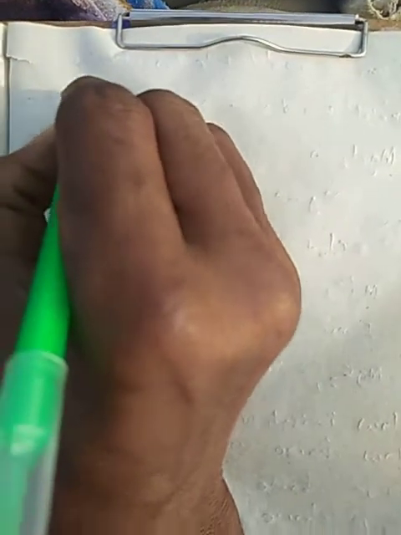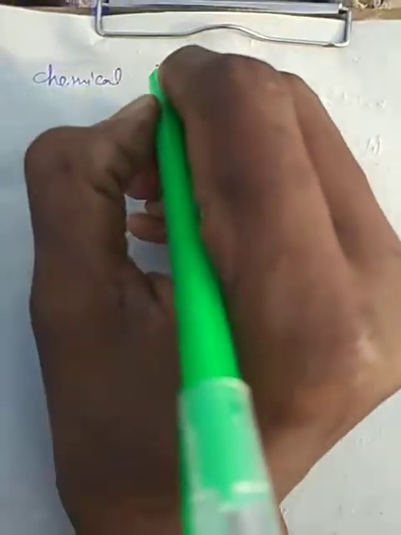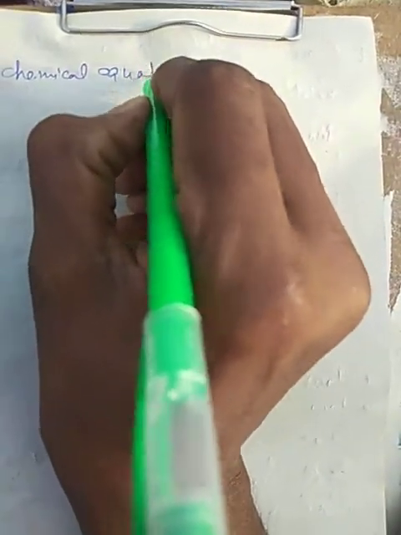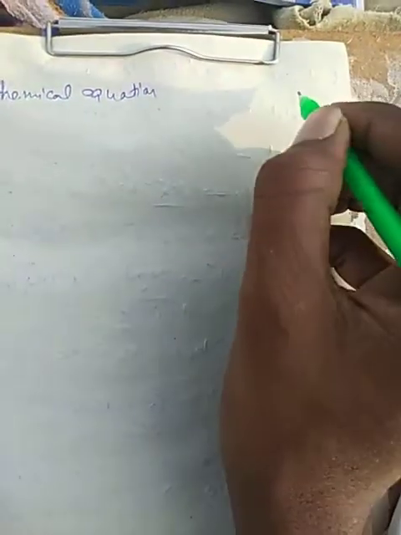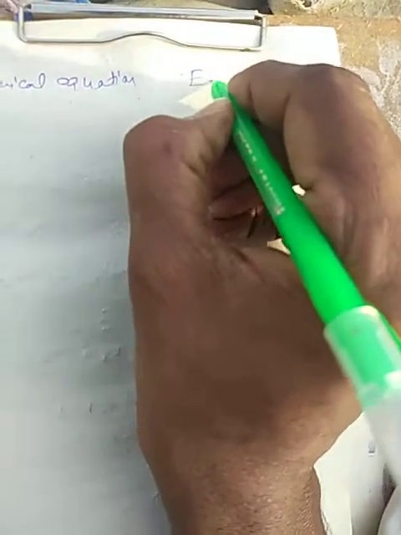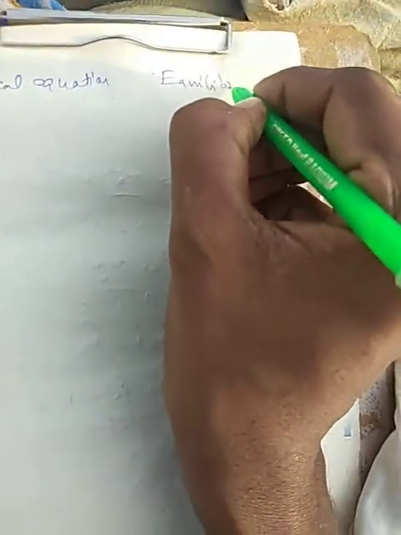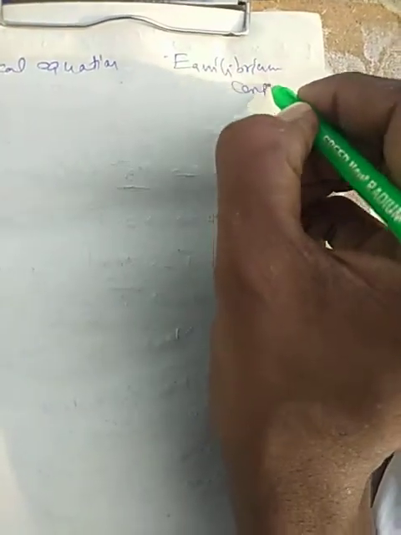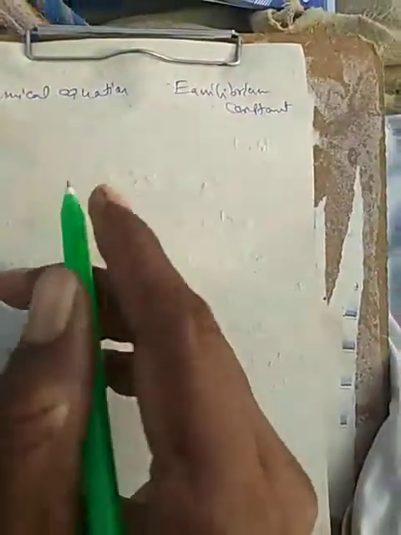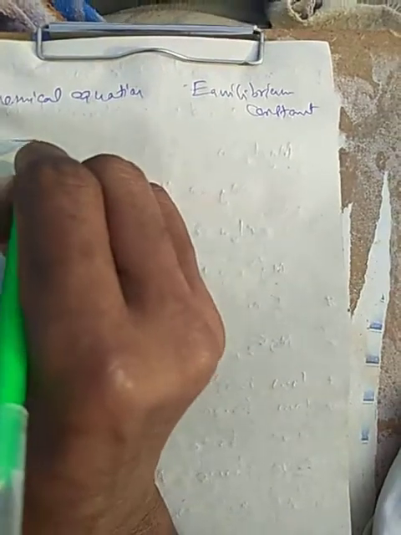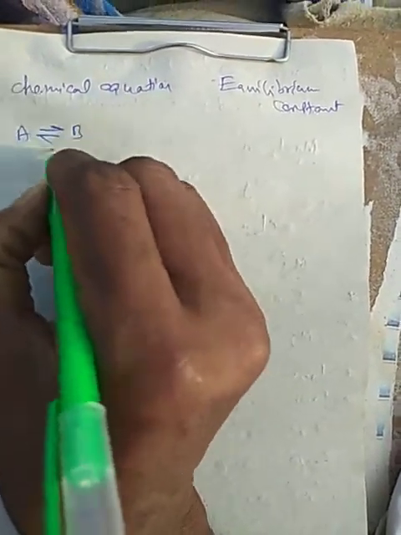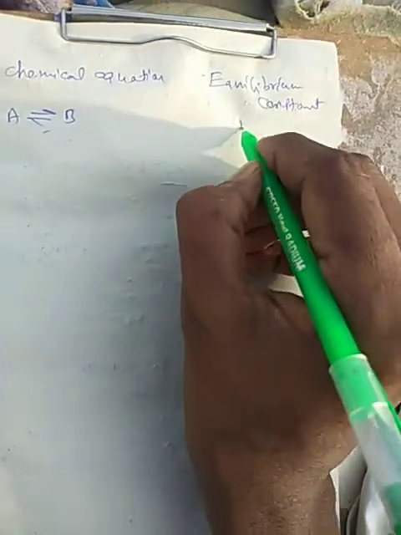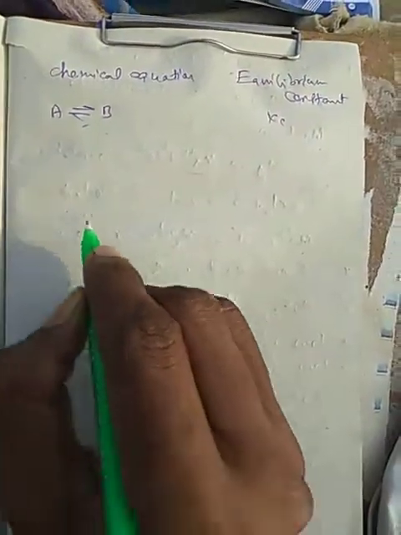Now I am writing a table here with the chemical equation and the equilibrium constant. For example, A gives rise to B at equilibrium, we can write as Kc.